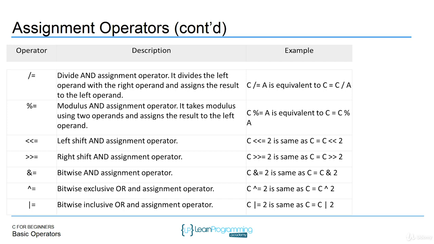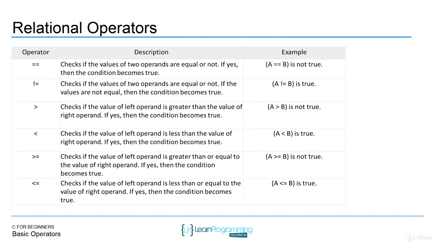And then again, the ampersand, the caret, and the vertical bar are all related to doing things on bits. So we'll come back to that, but they are part of the assignment operators. So the assignment operator is pretty easy, right? Assigning data, and then if you want to do a couple of expressions and then assign, you do the combination ones.